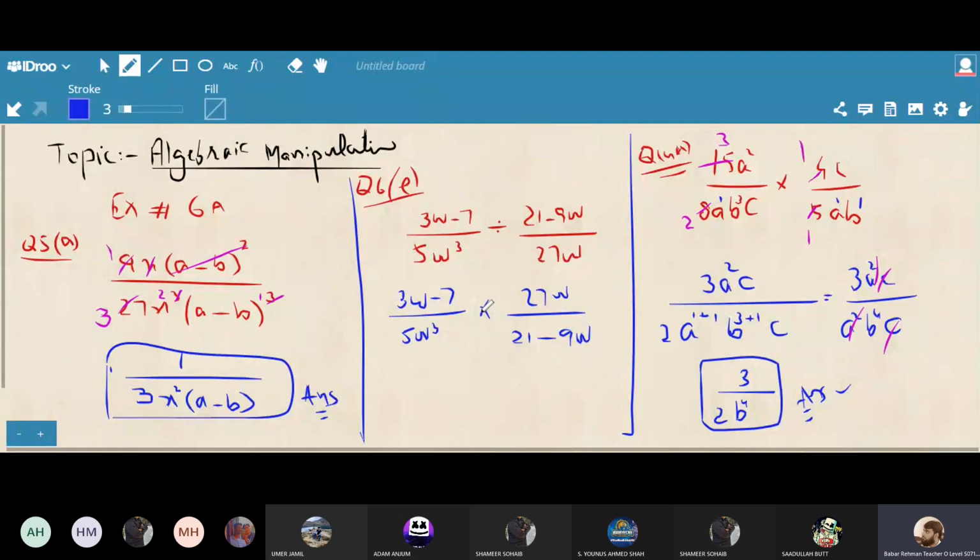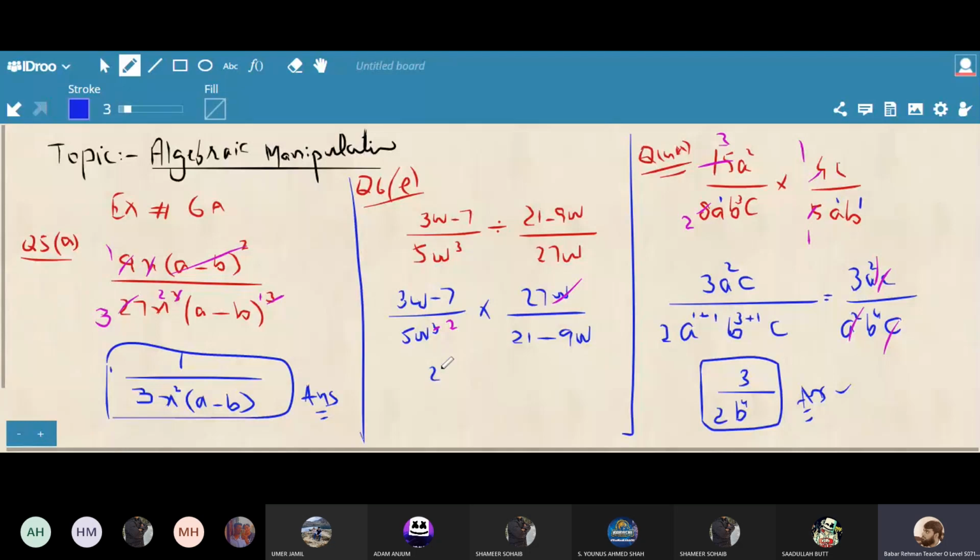Now, after you have written the multiplication, you can cancel. But first factorize and then cancel. Can anybody tell me what is the basic simplification over here? This W can be cancelled because they are factors. So this W cancelled and this W cancelled, so W squared is left here. What is left over in the numerator?